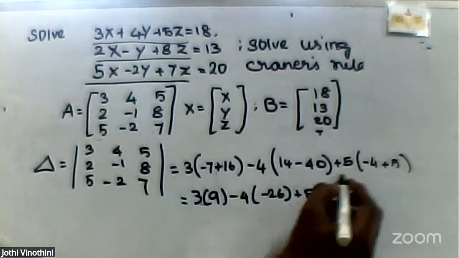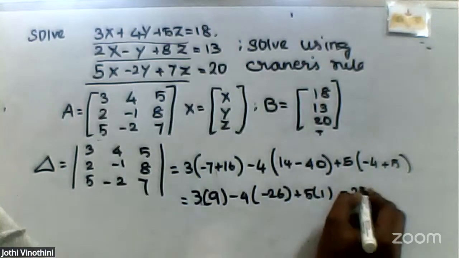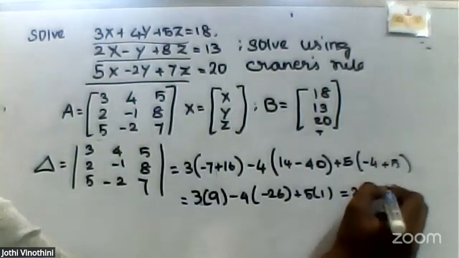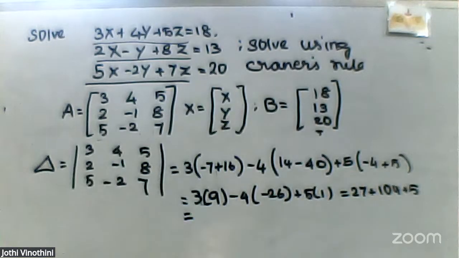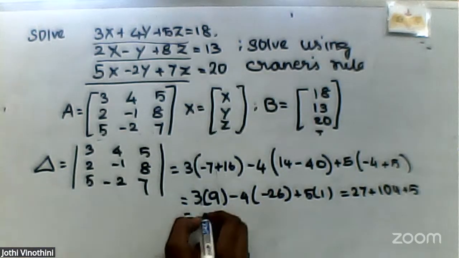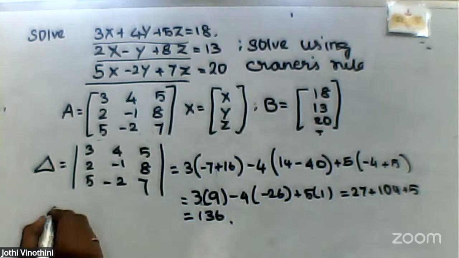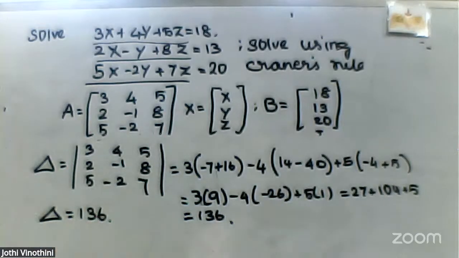So if we again multiply this, it will be 27 plus 104 plus 5, which equals 136. Clear? Clear. So now we are very clear with del equals 136.